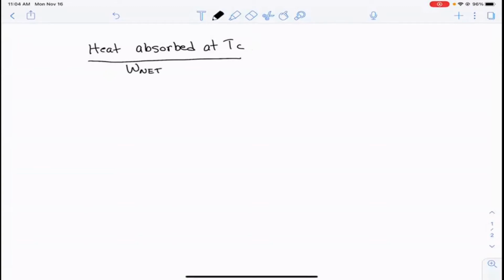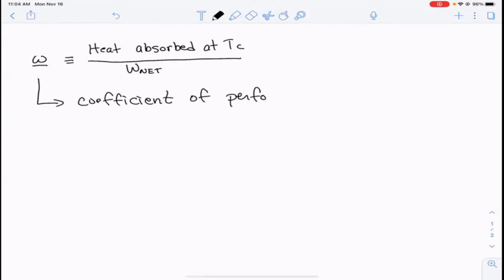Well, that's actually defined as the coefficient of performance. And that's given this symbol, it's like a script W. And to not confuse it with work or any of the other things, I also like to put a line underneath it, right? And this thing is the coefficient of performance.